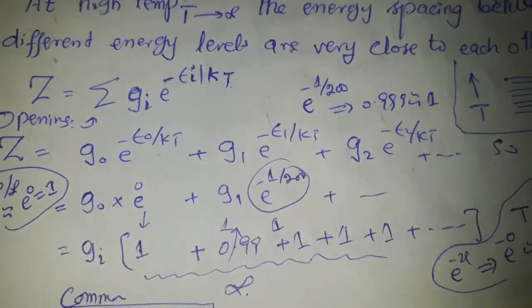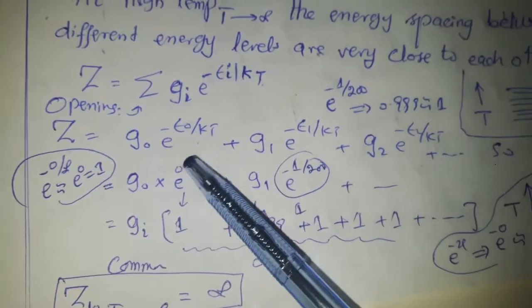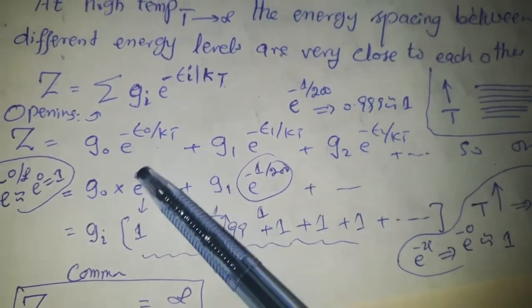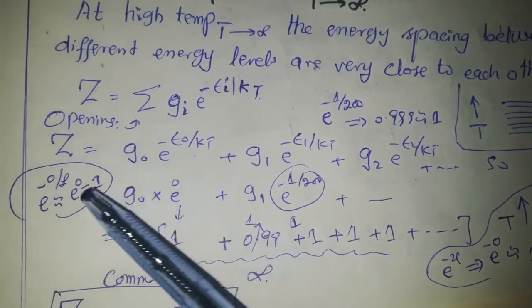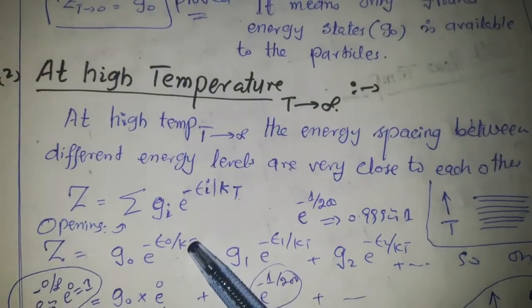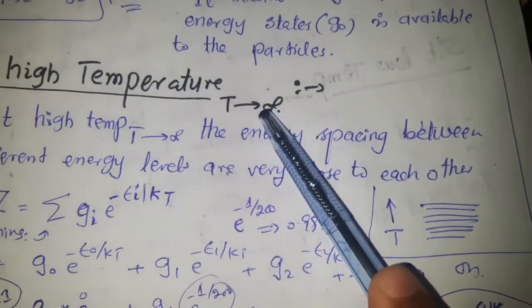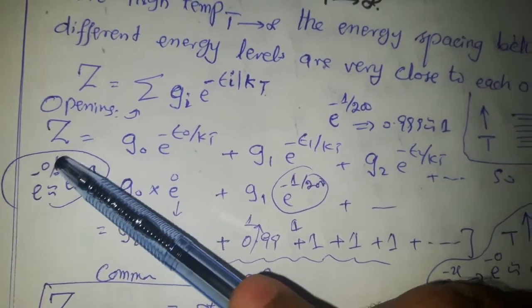Here is the ground state, so we put the energy value 0, and just keep in mind the temperature is very high, approaching infinity. So with energy value 0 on top and infinity below, e raised 0 gives us 1.